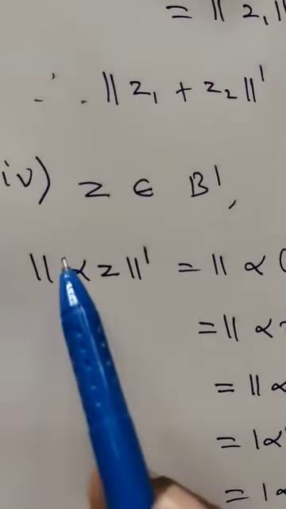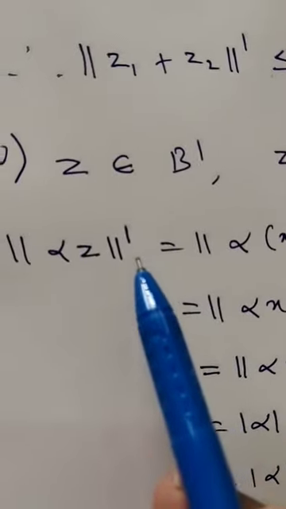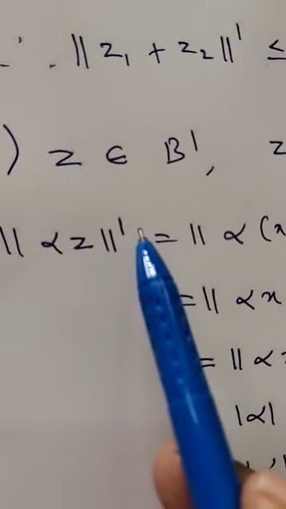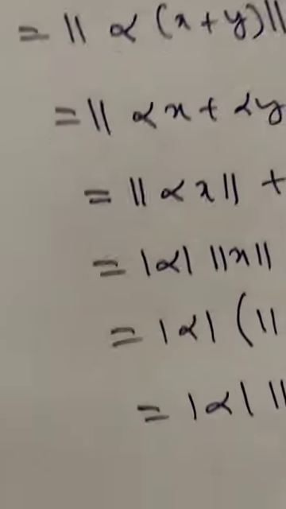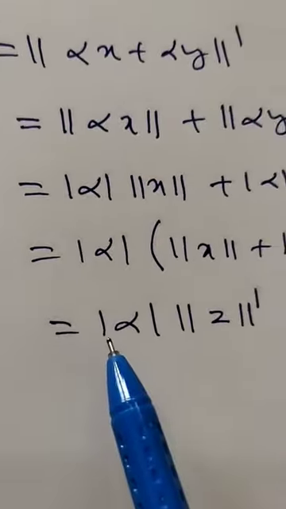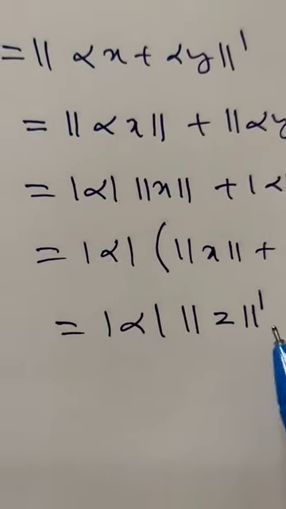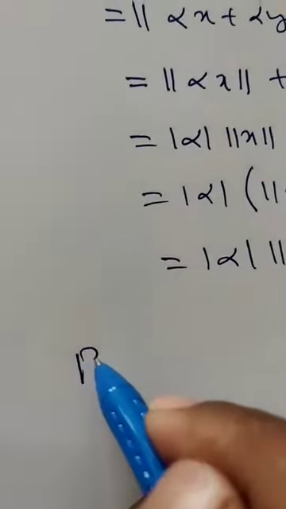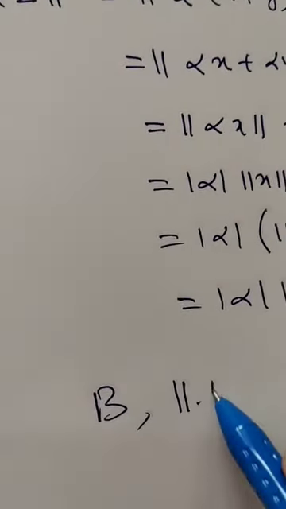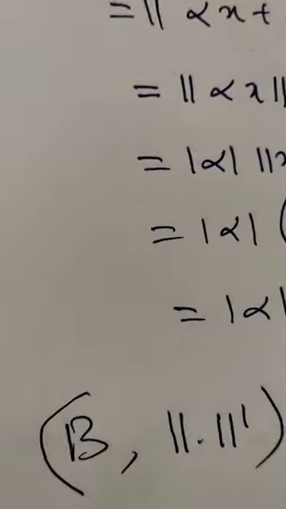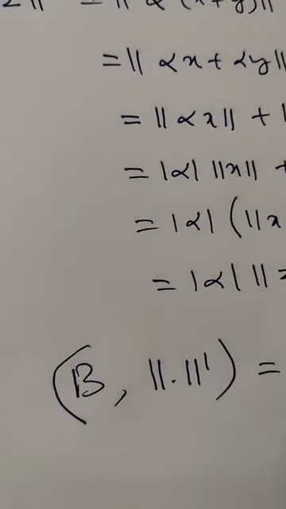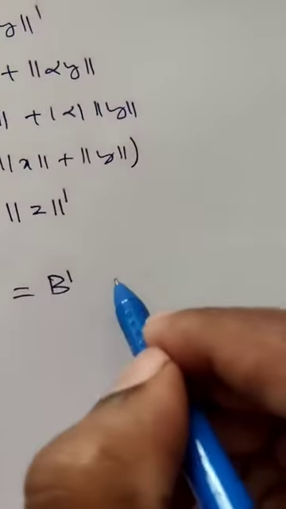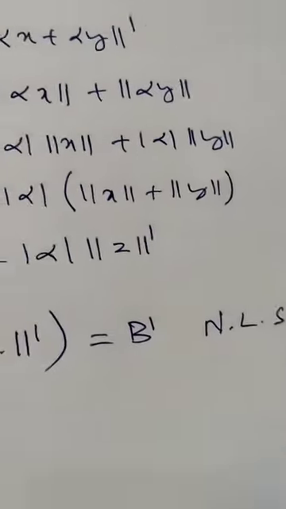Thus we have proved that the norm of alpha z, where dash means the new norm, is equal to mod of alpha into the norm of z dash. Therefore the same set B with respect to this new norm is a normed linear space, which we denote by B'.